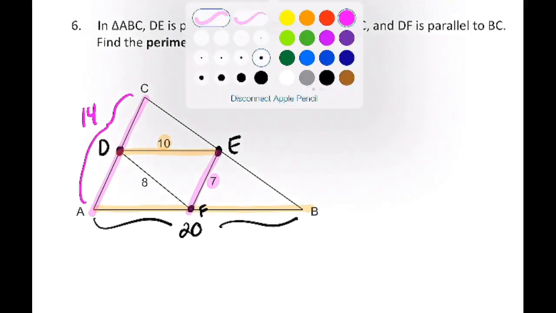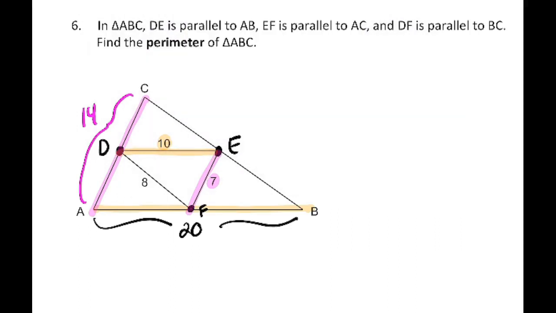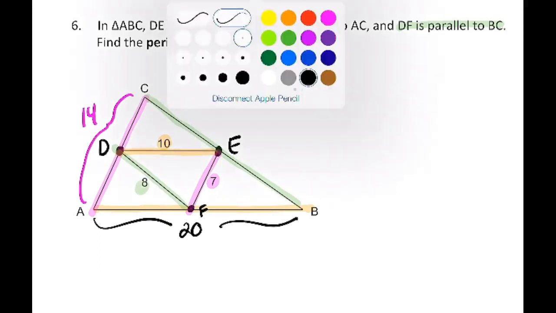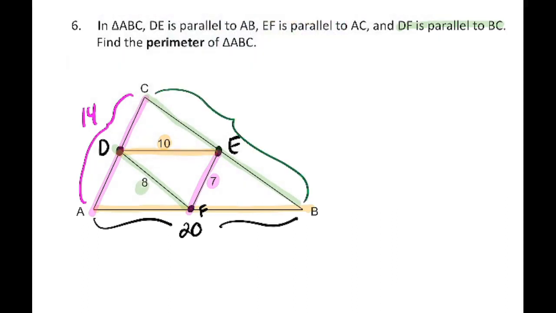And the third piece of information is that DF is parallel to BC. DF and BC. And if DF is 8, that means that CB must be twice that big, because the smaller parallel one is always half of the bigger parallel one.